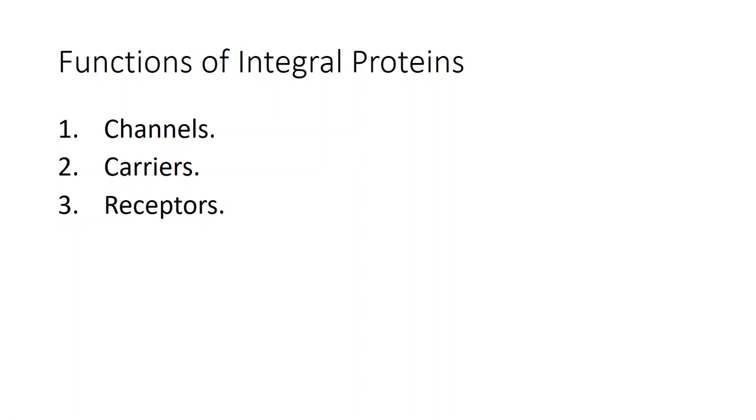A specific molecule that binds to a receptor is called a ligand of that receptor. Some integral proteins are enzymes that catalyze specific chemical reactions at the inside or outside surface of the cell.